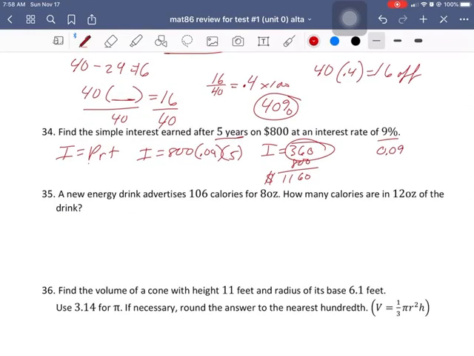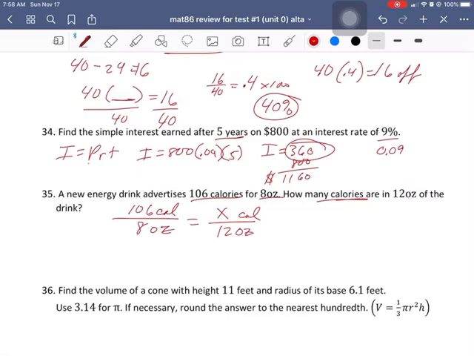Let's see, a new energy drink is 106 calories for 8 ounces. This is how I do these. I put them as a fraction. First one's on top, second one's the denominator, and then it's looking for calories. Okay, and since I decided to put them on top on the first one, it needs to be on top over here over the 12 ounce.